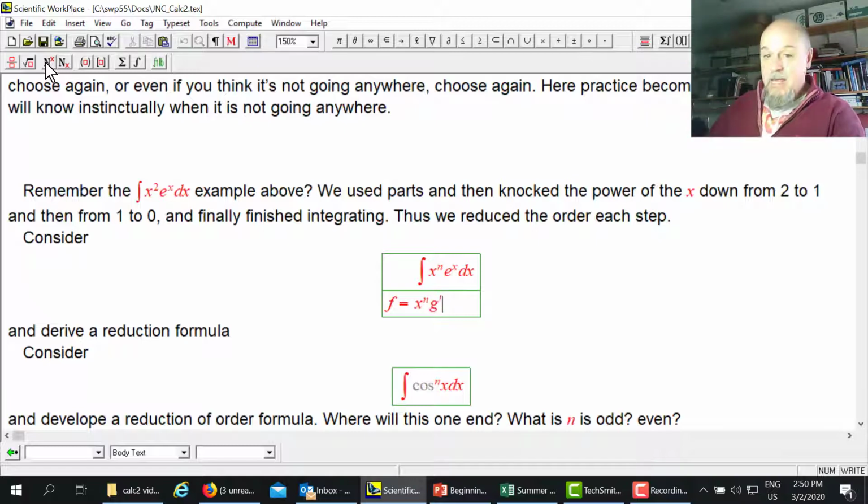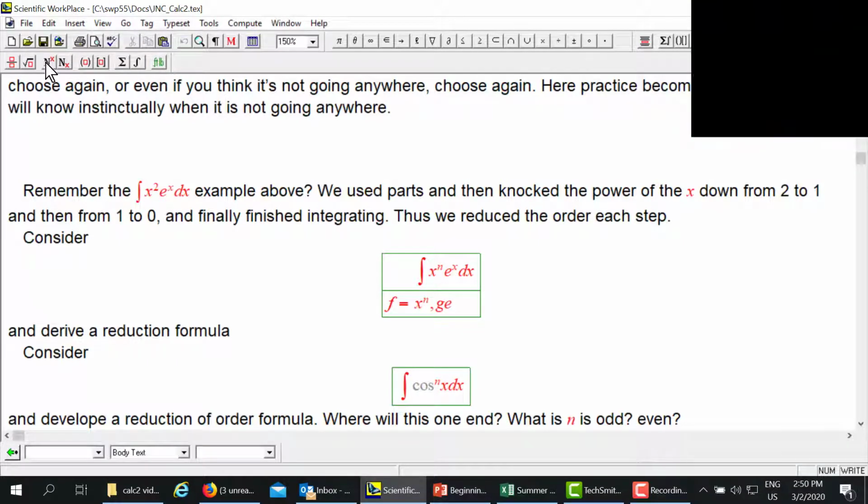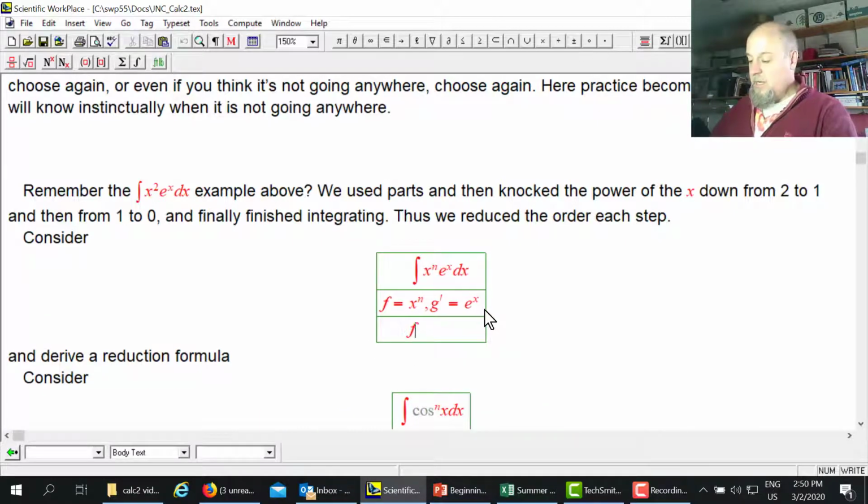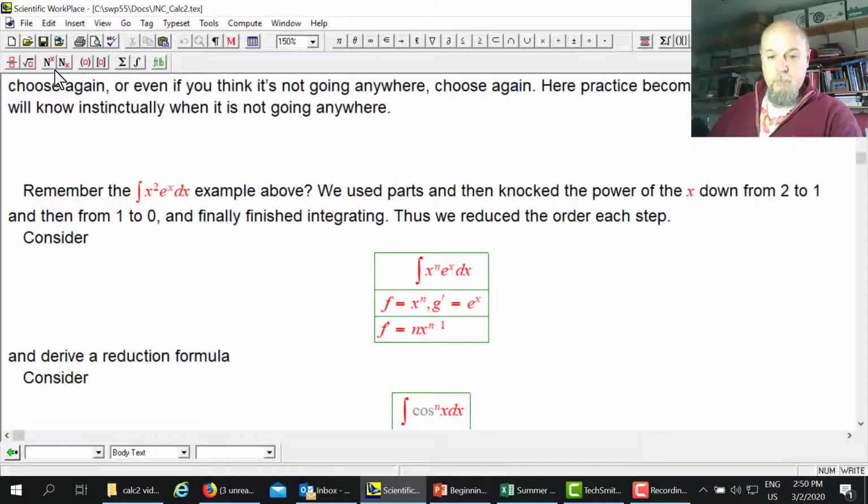And I'm going to integrate the e to the x. So I'm differentiating, so the n comes down. Subtract 1 from the exponent, so n minus 1. I'm integrating the e to the x. That's just e to the x.